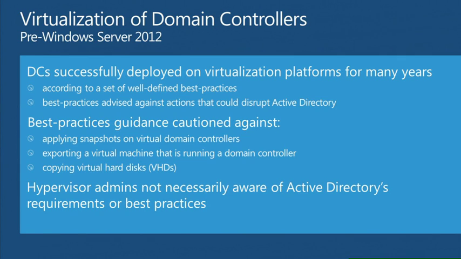The other thing that we really noticed was that Hyper-V admins were potentially different from domain controller admins. So the Hyper-V admins were not well-versed with the set of things that you were not supposed to do with virtualized domain controllers, and that also led to a set of problems that we got a lot of insight into from our support data.